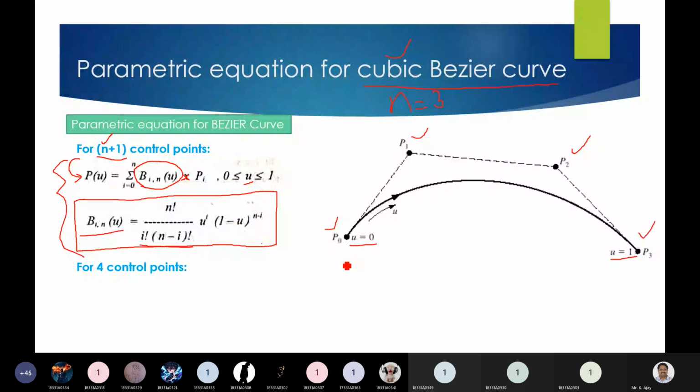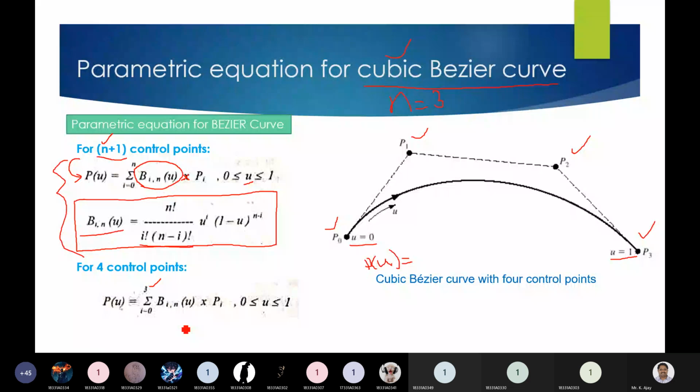In this case, how will the parametric equation become? It is simple. Look here. i is equal to 0 to 3, n is equal to 3. If I expand it, P of u is equal to sigma i is equal to 0 to 3.